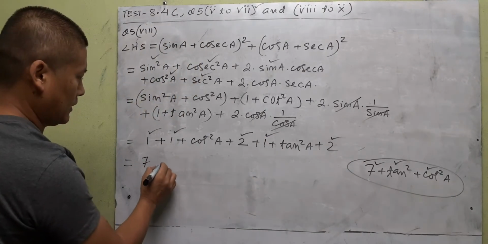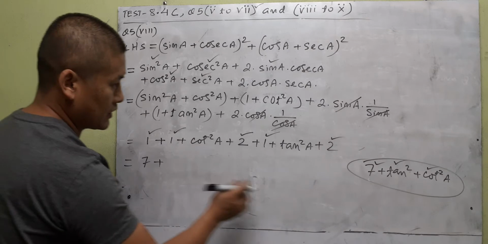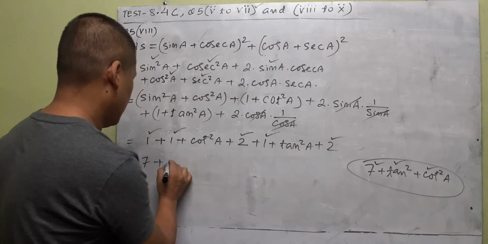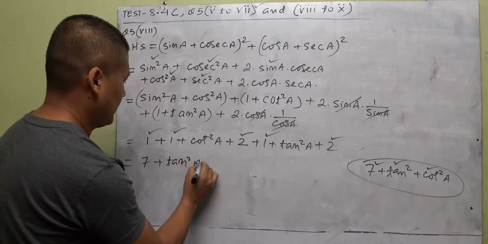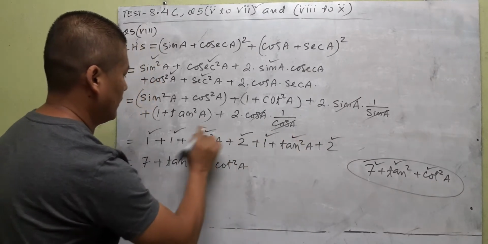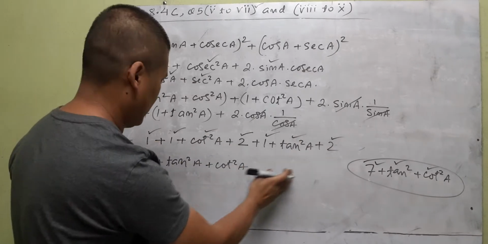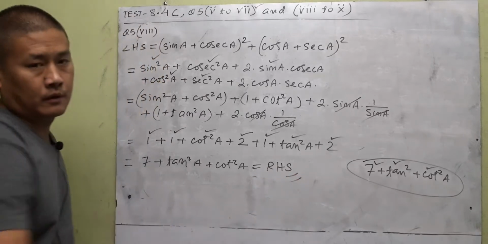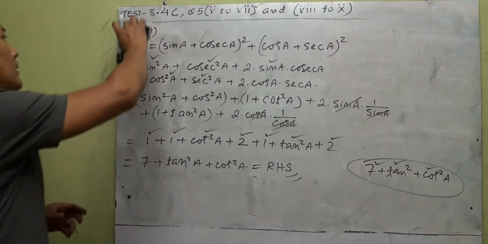So tick 7. Then arranging it to the right hand side, you can write tan square a first and plus cot square a at the back. So done. All the things are ticked, which is exactly equal to the right hand side. Right, so next, number 9.